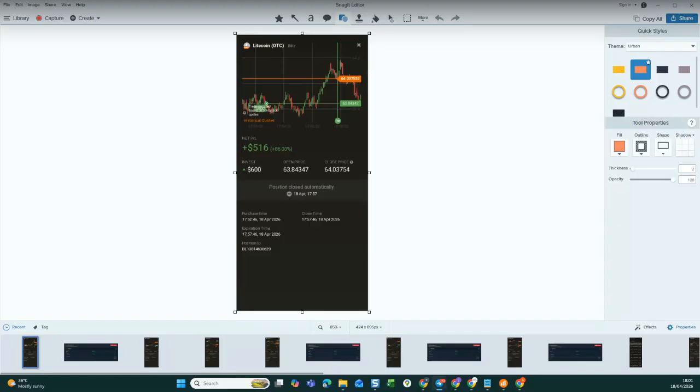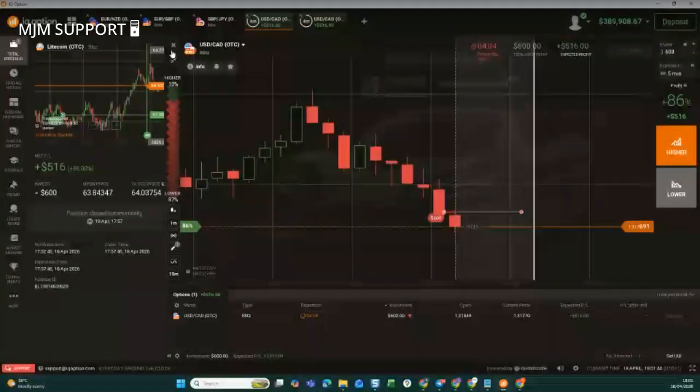5.6. Third signal. So this is the fourth signal, if I'm not mistaken. So the fourth signal is what we're on right now. And I want to do a screenshot for that too. USD CAD.